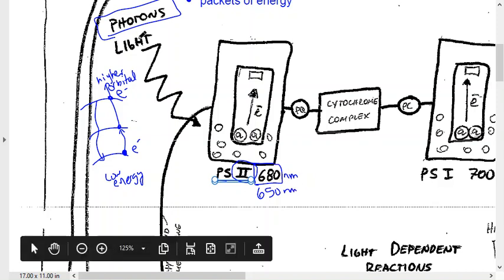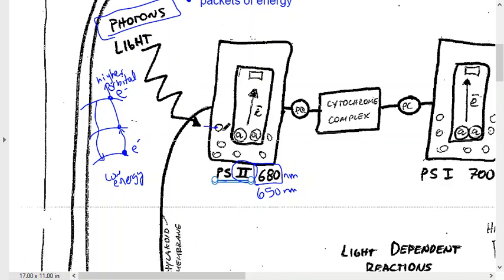light. So here come these photons, and they're physically going to collide with the pigment molecules, and that's going to excite electrons in these pigment molecules. It will kick them up into a higher orbital energy level, and they're going to bounce around kind of like a pinball machine, right?